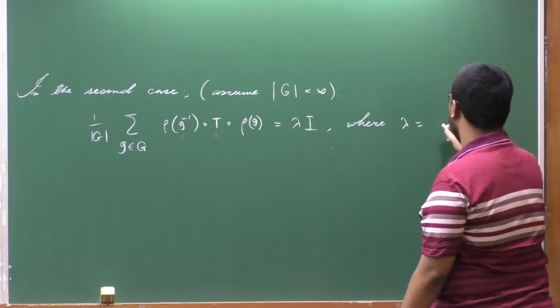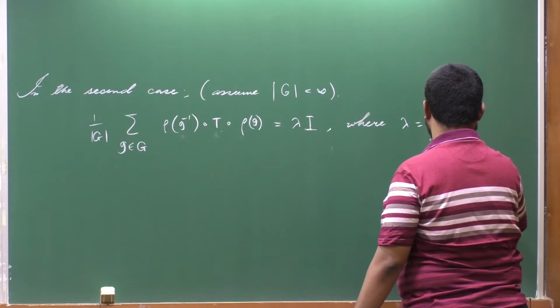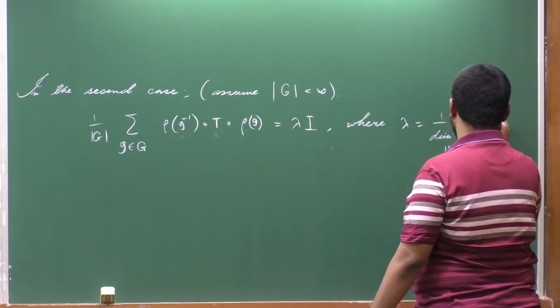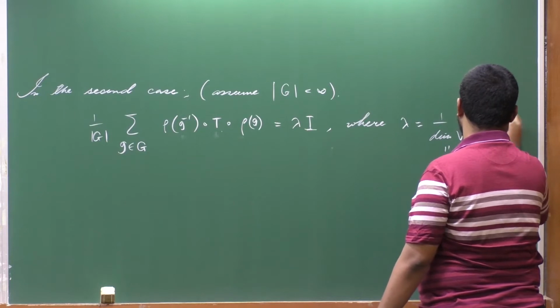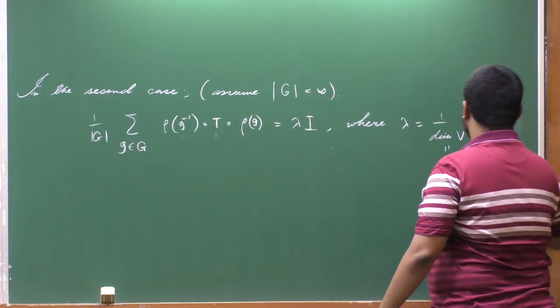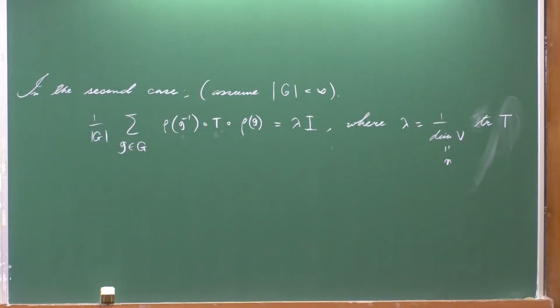Therefore lambda will be 1 by dimension V times the trace of T. So this is what we have seen earlier.